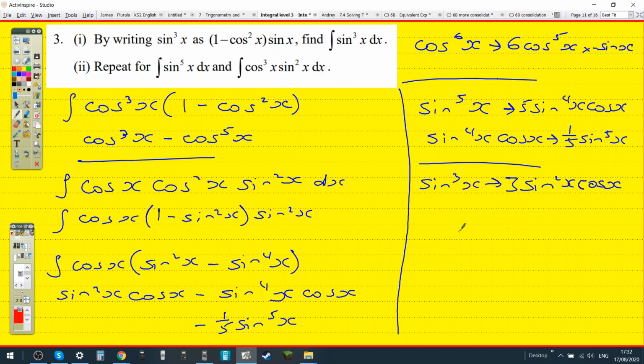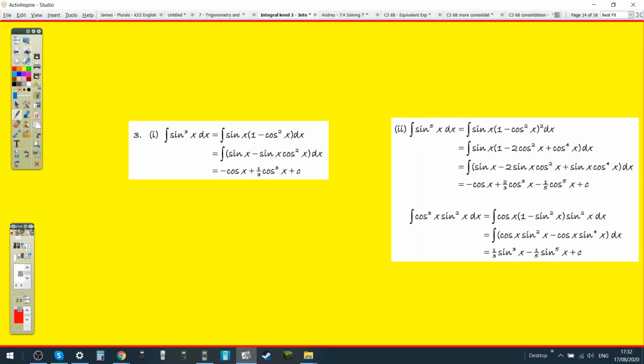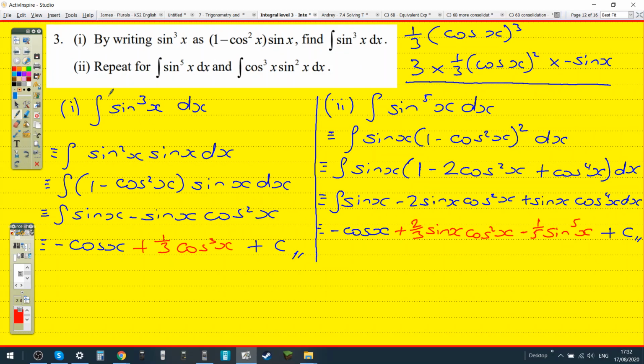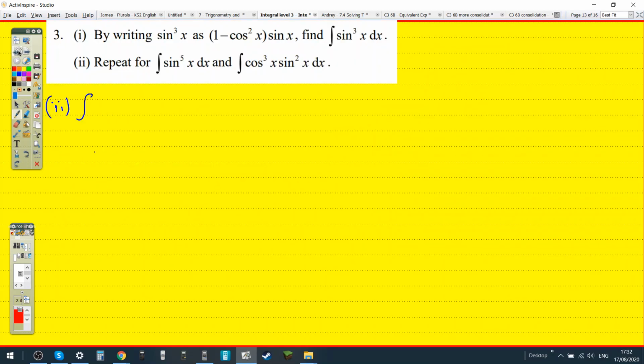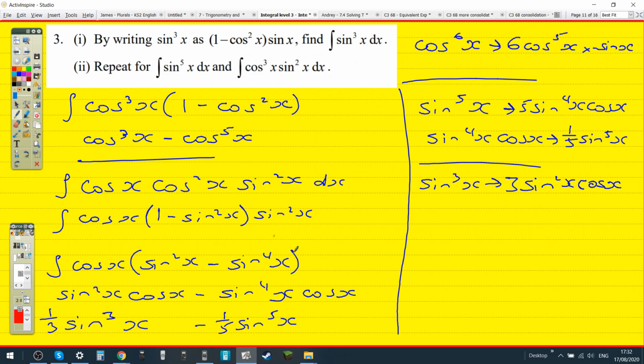So that would be 1/3 sine cubed x minus 1/5 sine to the 5x. Let's take a look. 1/3 sine cubed x minus 1/5 sine to the 5x plus c. So it's just the other way around this time.